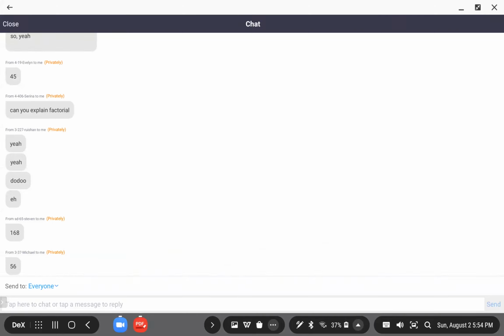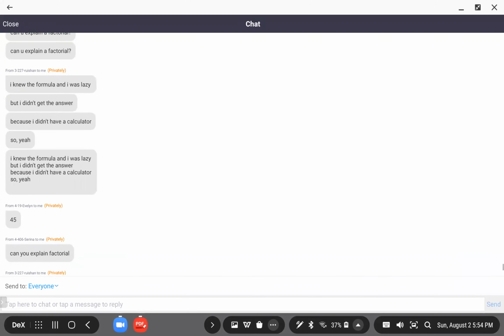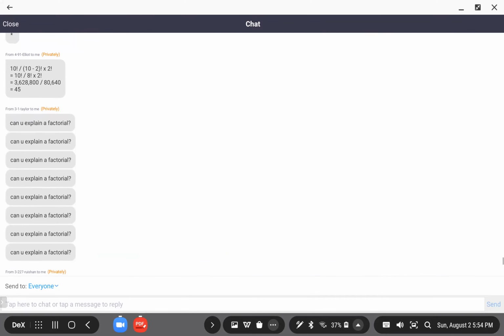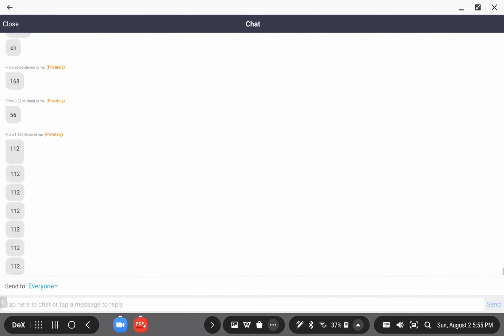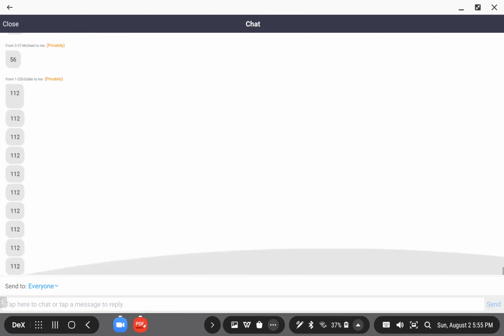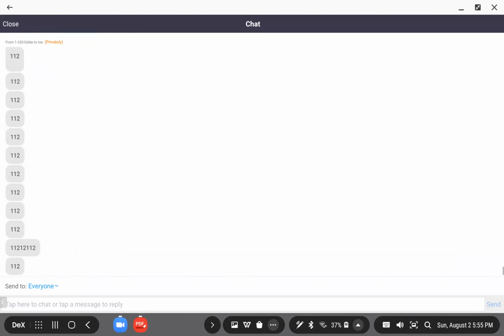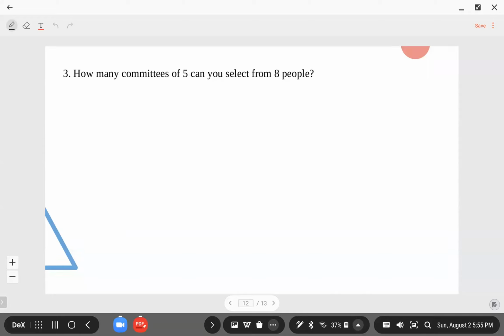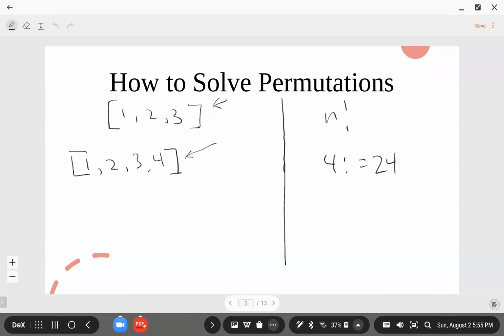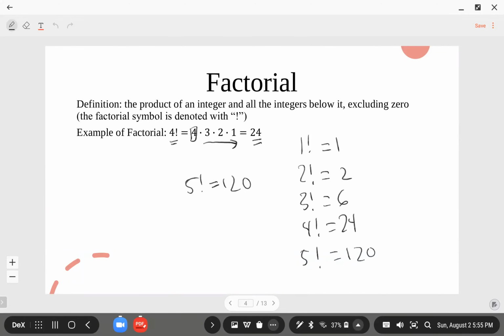Oh, okay. So some people were asking what does factorial mean, right? So I assume that you guys came late and missed the factorial definition. So I'll explain factorial again. Okay. So factorial, let's go back to the factorial slide. It is the product of an integer and all the integers below it, excluding 0.